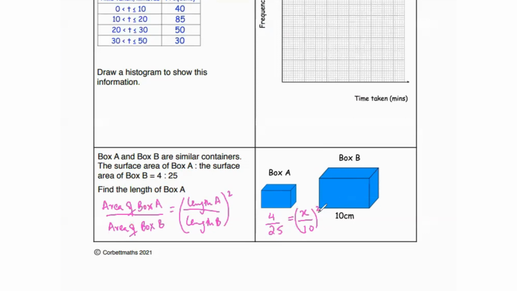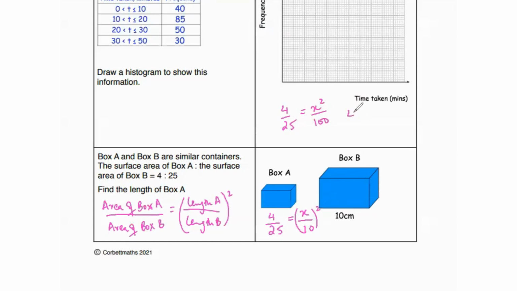If it's talking about the area, you would square the fraction of your length. If it's talking about the volume, you would cube the fraction of the length. And always make sure, for example in this case, area of box A is in the numerator, then your length of box A would also be in the numerator of the other fraction. So 4 over 25 equals x squared over 100.